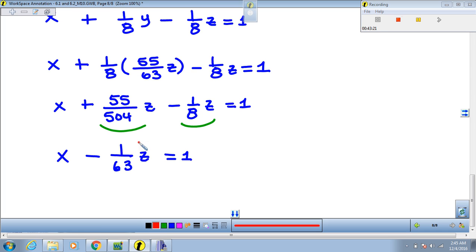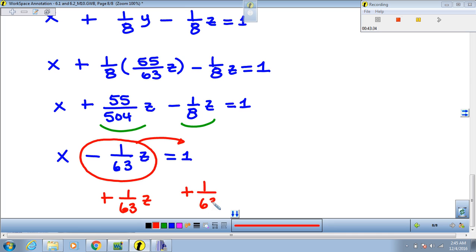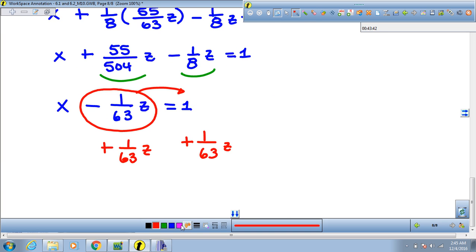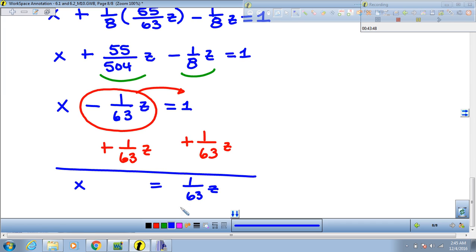Remember, we're going to solve for the variable that was not the one that was repeated. So now we're going to do plus 1 over 63z to pass that term to the other side. So you get x equals 1 over 63z.